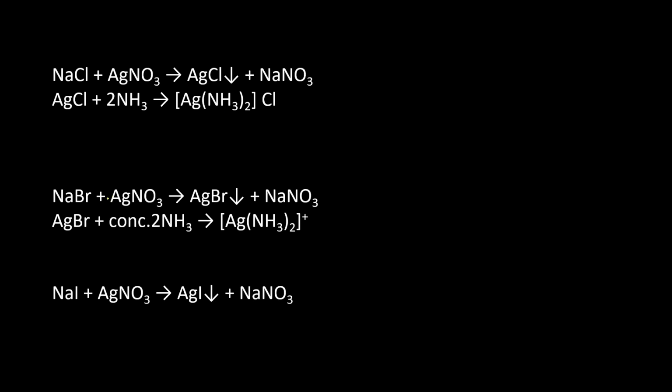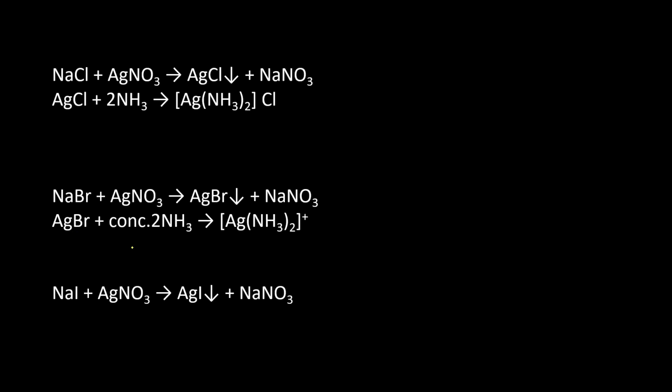Now in case of bromide, here also is a similar double decomposition reaction, whereby silver bromide is formed, but this silver bromide gives the silver amine complex only with concentrated ammonia. Why? Because this silver bromide has a low solubility product, which means it will remain in the precipitate or solid form.